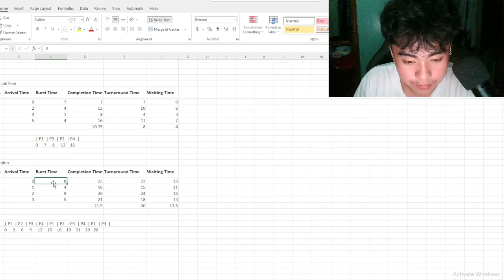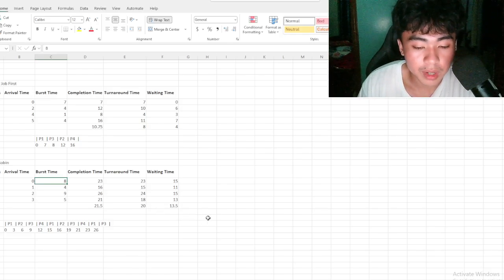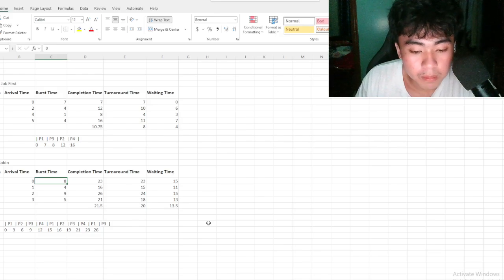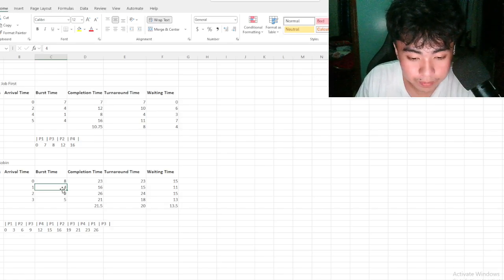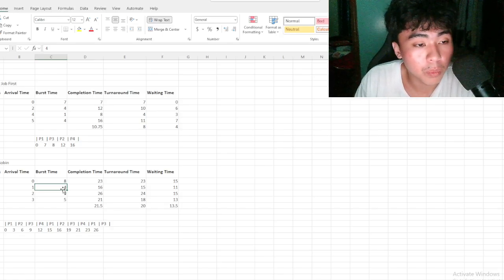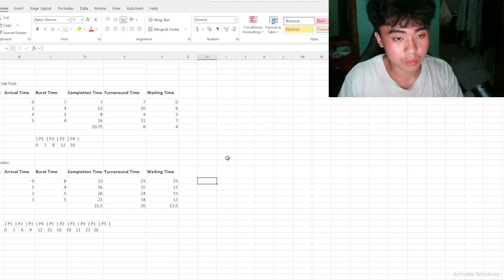Then at time 3, P2 starts. Its burst time is 4, so the remaining time for P2 is 1, since 4 minus 3 is 1.